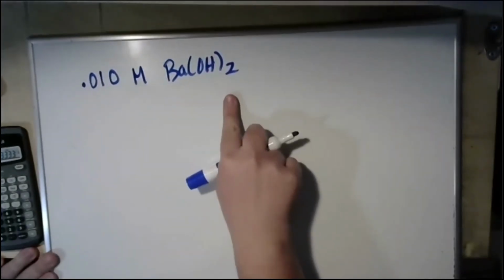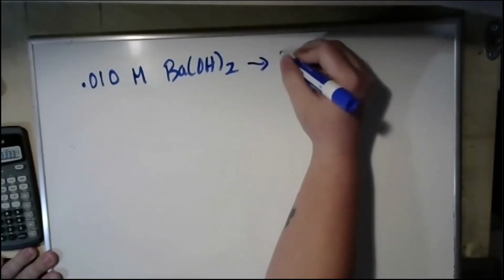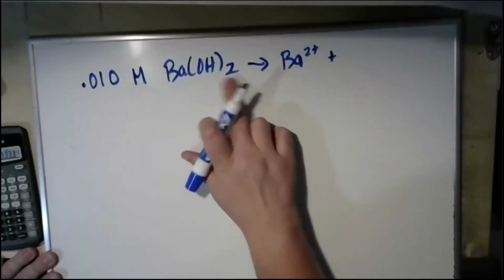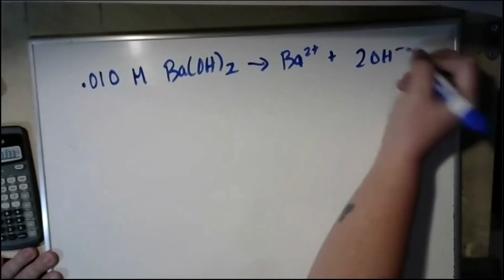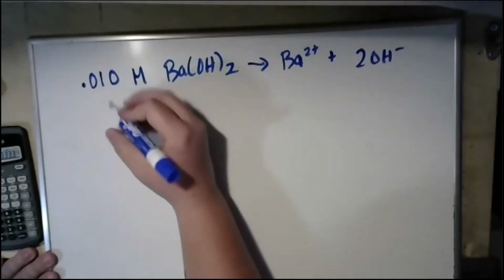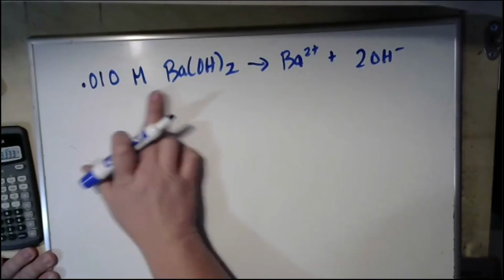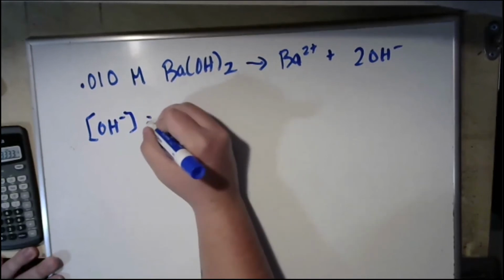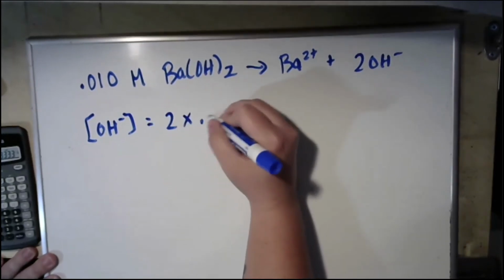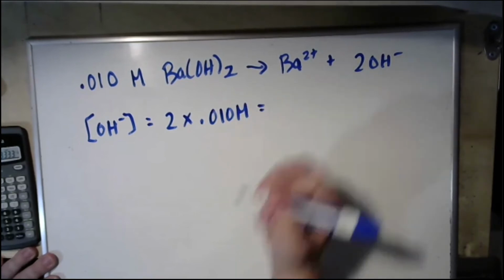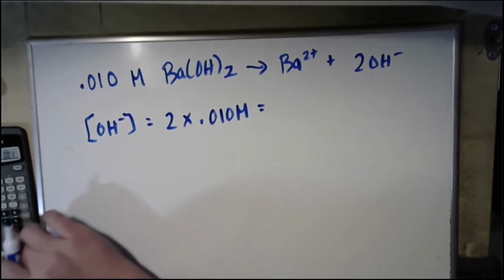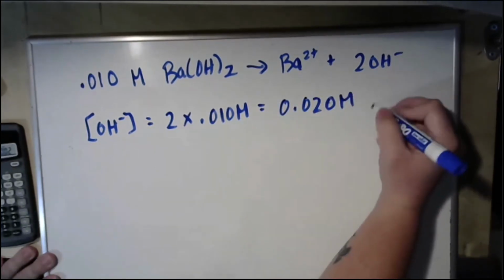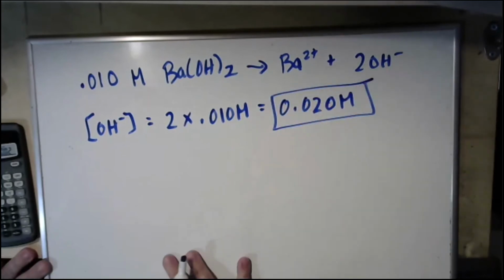When barium hydroxide ionizes in water, it's going to form one barium ion, Ba2+, and two hydroxide ions. So if we have 0.010 molar barium hydroxide, that means our hydroxide ion concentration is going to be 2 times 0.010 molar. That's our hydroxide ion concentration.